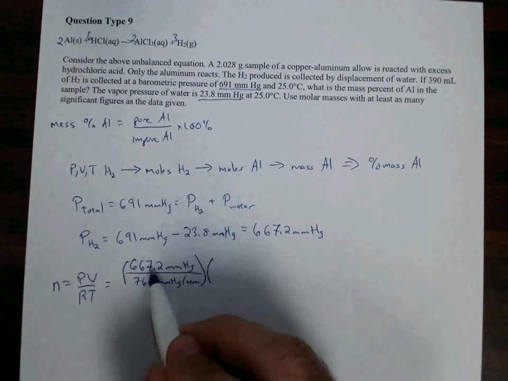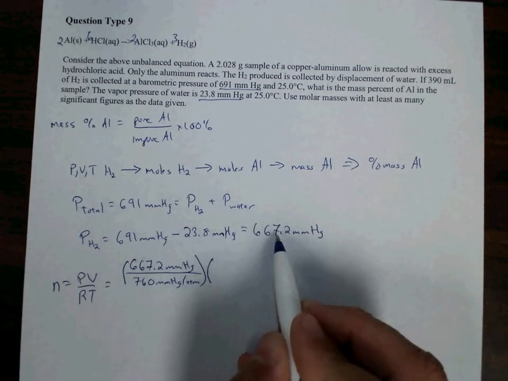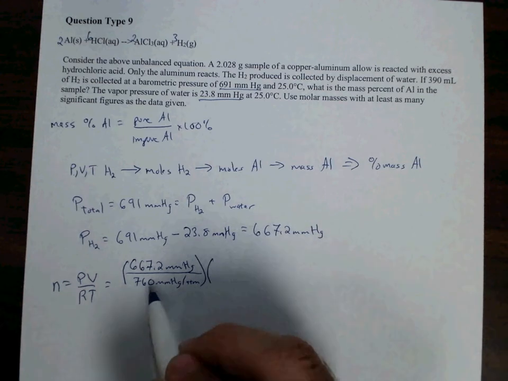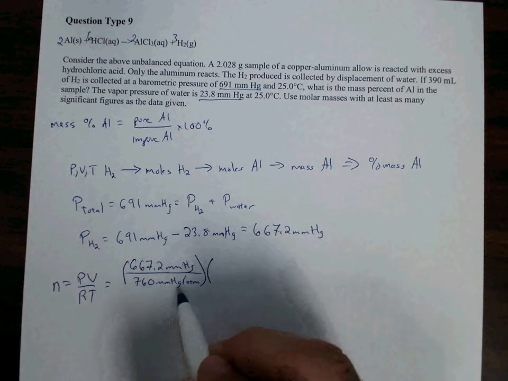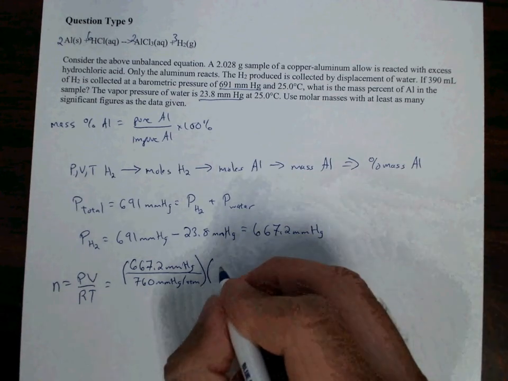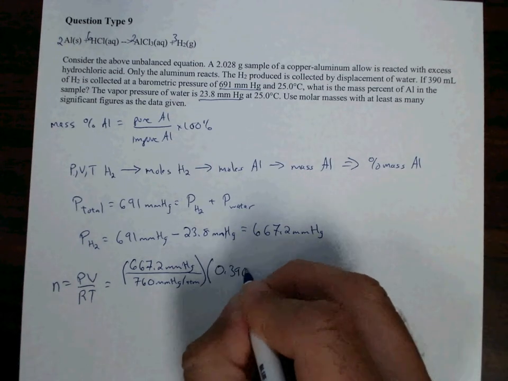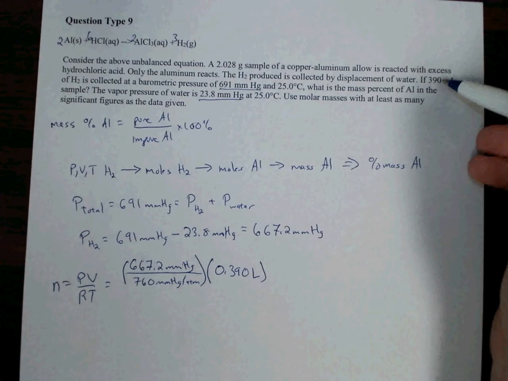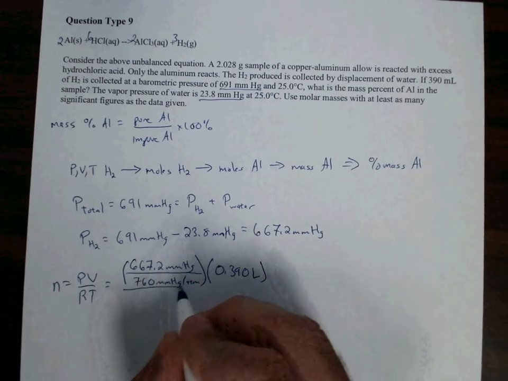We'll take the 667.2 millimeters of mercury that we just found for the pressure of H2, divide that by 760 millimeters of mercury per atmosphere. Then the volume, well, 0.390 liters, because we take the volume in milliliters and divide it by 1,000.